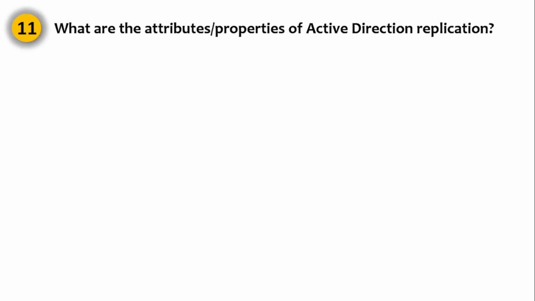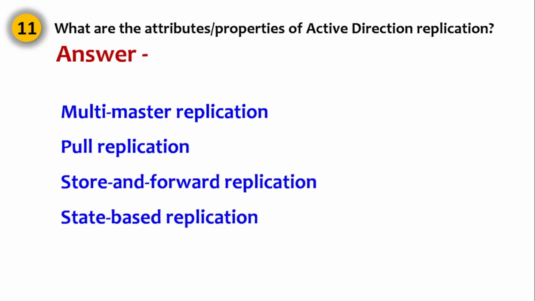Now the question was, what are the properties or attributes of Active Directory replication? This was the question asked, and the answer which was provided in that video was, it's a multi-master replication, pull replication, it's store and forward replication, and it's a state-based replication.